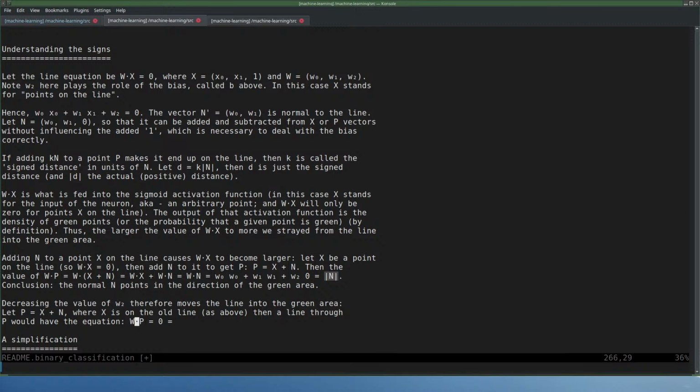Wait a minute. W prime. It's a bit fake. Now I'm using the fact that this is not influenced by the value of W2. Let me just write it out in full, I guess. So WP is W. Here's my equation.